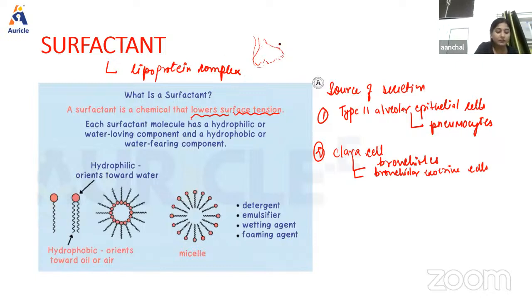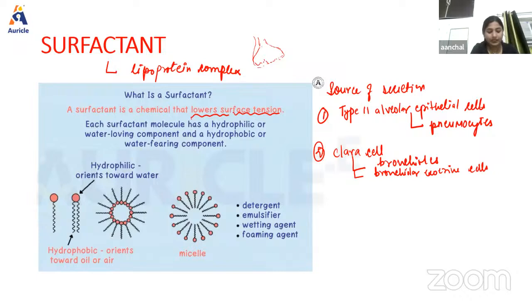Other lipid substances of the surfactant are triglycerides and phosphatidylglycerol, and proteins are also there. The proteins are surfactant protein A, surfactant protein B, C, D. These are all the components from which the surfactant is synthesized.